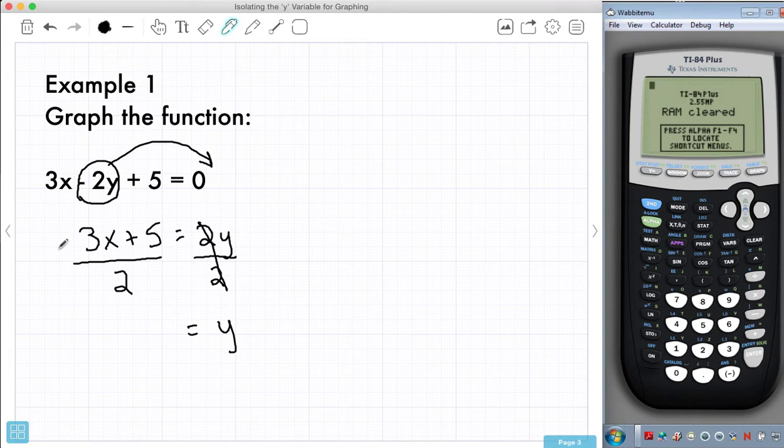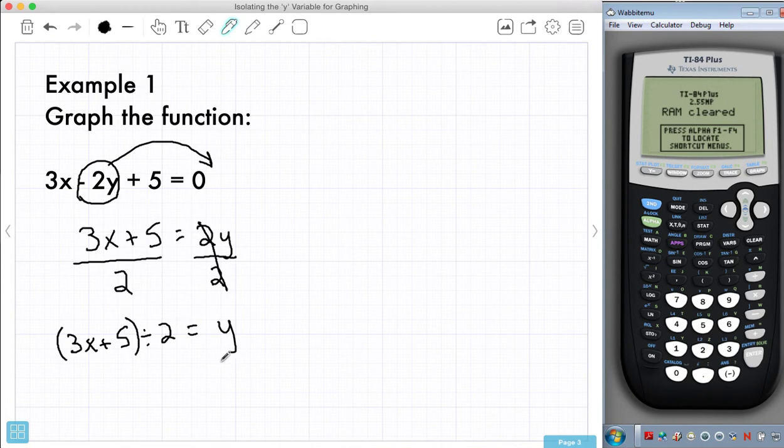And I'm going to rewrite this weird fraction in a way that will make it happier on my calculator. My calculator doesn't like complex fractions like this, but I want to tell it to take this whole top and divide it by 2. And I'm going to do that with brackets. So I'm going to put the top of that fraction in brackets, 3x plus 5. I'm going to end the bracket, and then I'm going to say divide by 2.